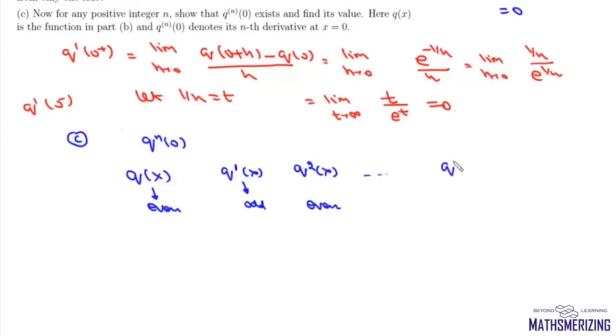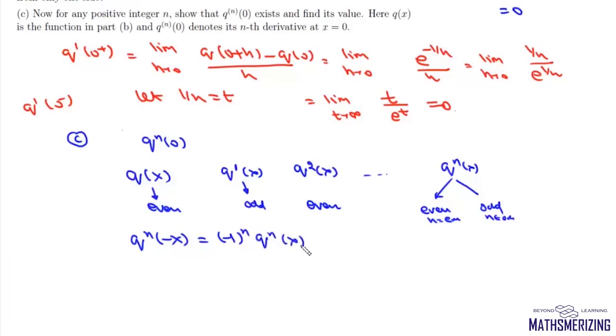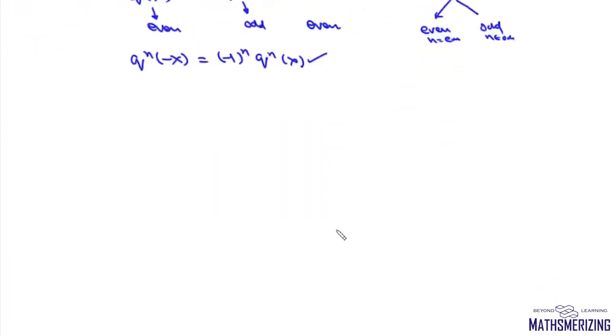So we can say this q^(n)(x) will be even when n is even, and will be an odd function when n is odd. So we can simply write q^(n)(-x) will be (-1)^n q^(n)(x).